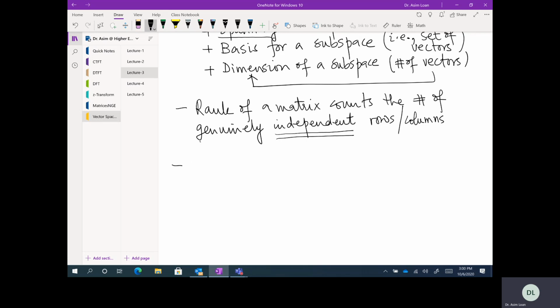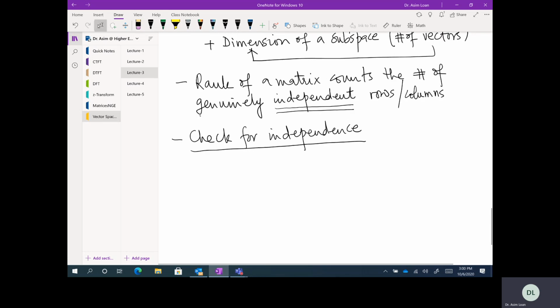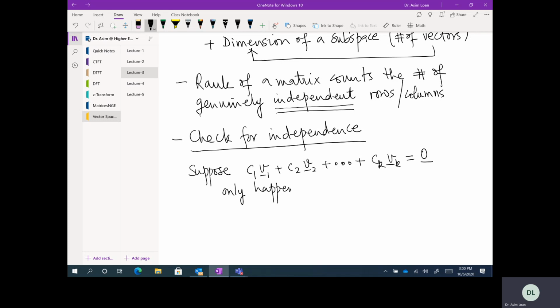So the check for independence is this one. You solve this equation. Suppose c1 v1 plus c2 v2 plus ... plus ck vk equals 0 only happens when c1 equals c2 equals ck equals 0.